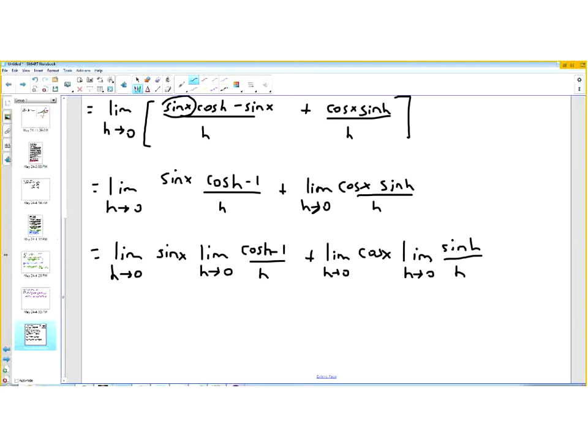We know that this term right here is just sine x, because sine x is a constant with respect to the limit operator.